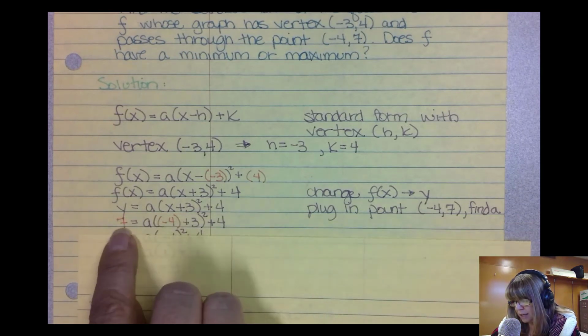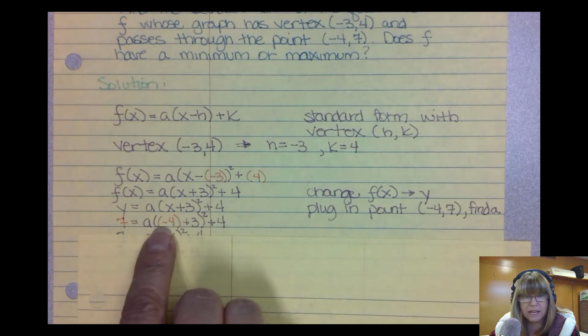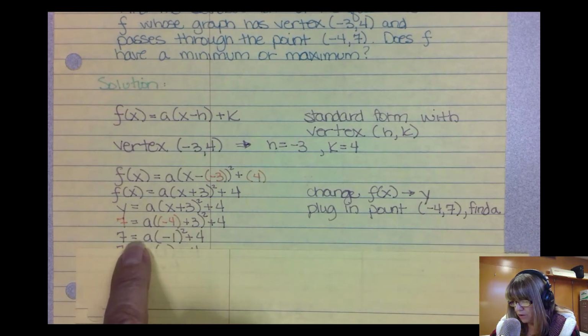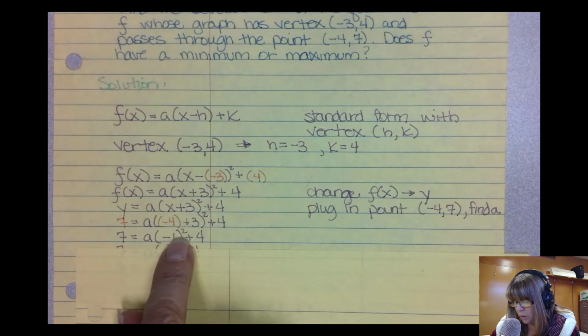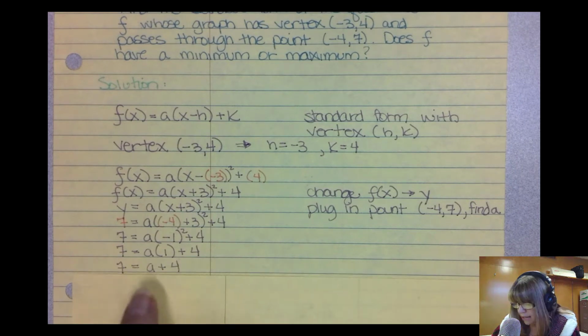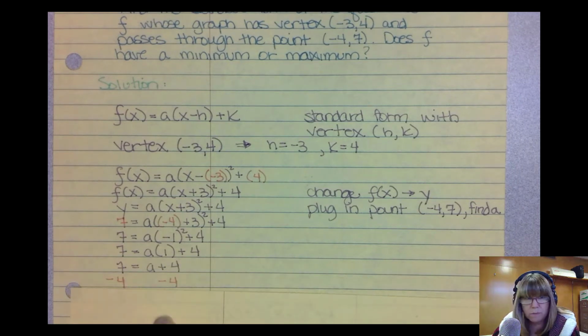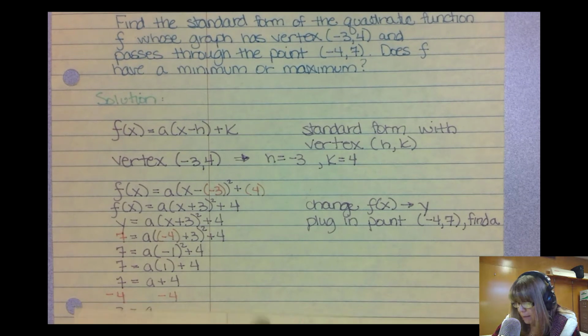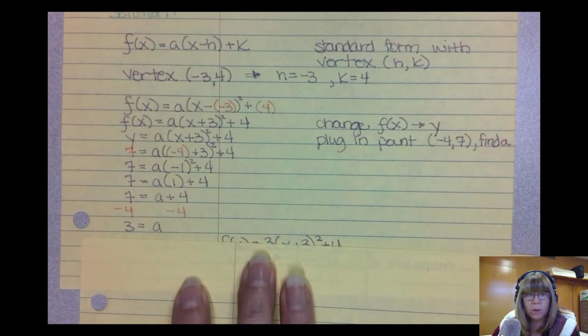So plugging in a 7 for y and a -4 for x, we get 7 equals a times (-1) squared plus 4. Well, -1 times -1 is 1. A times 1 is a. Let's subtract 4 from both sides, and we get a must equal 3.